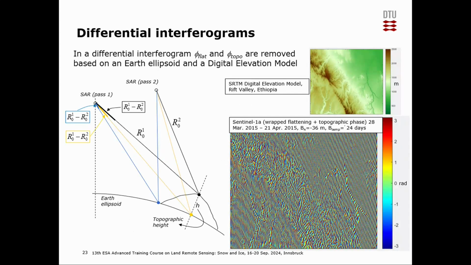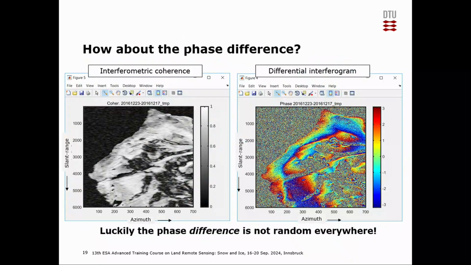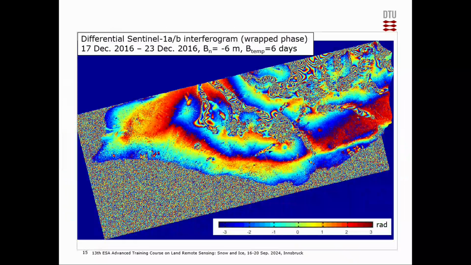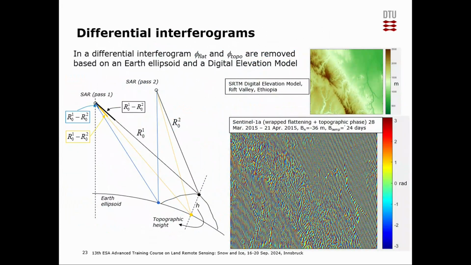In practice, we will actually be forming some differential interferograms. So in fact, all the interferograms you have seen here in my previous slides, these ones, also these ones, are all differential interferograms where we have actually removed these flattening and topographic phases by using an Earth ellipsoid model and a digital elevation model.